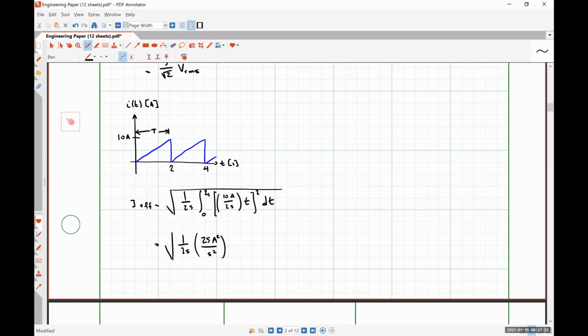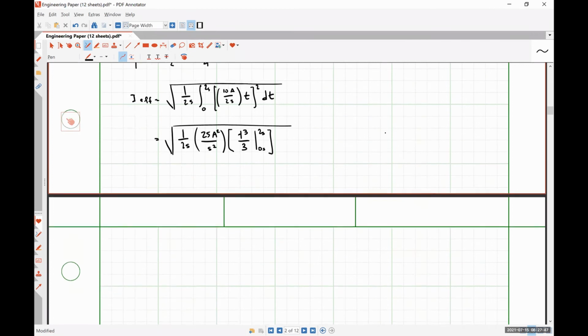And then I'm going to have the integral of t squared dt, which is going to be t cubed over 3, evaluated at 2 seconds and 0 seconds.